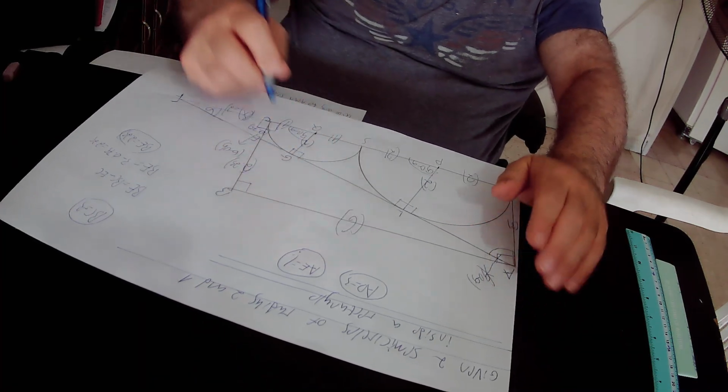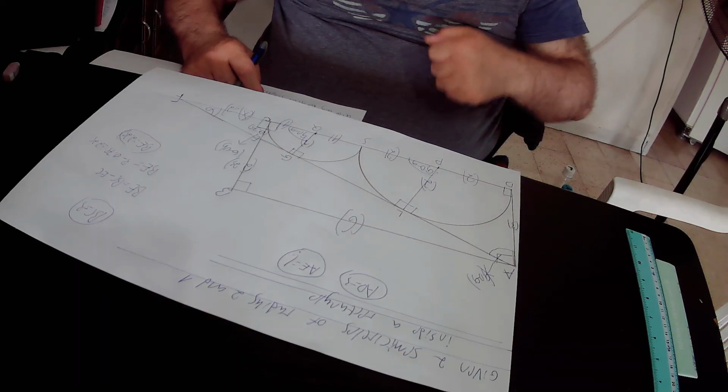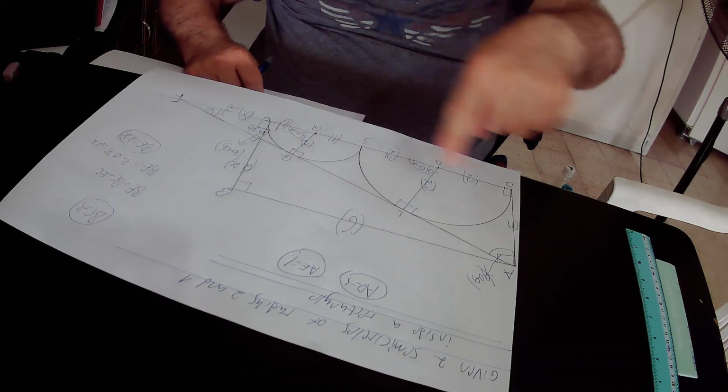So in the next step, I'll copy the right triangle ABE in a new page and we'll implement the Pythagoras theorem on this right triangle ABE.